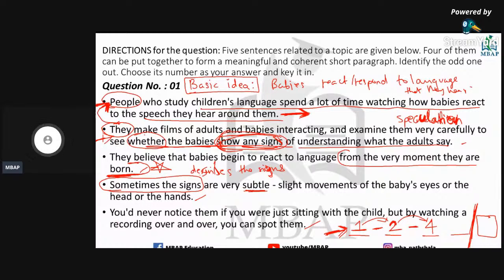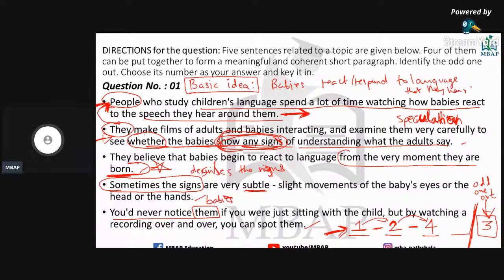And then if you read 5, you will realize that sentence 3 is your odd one out. See, fifth says you would never notice them, as in babies.